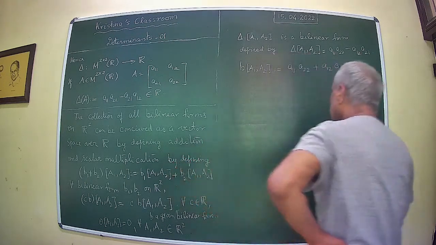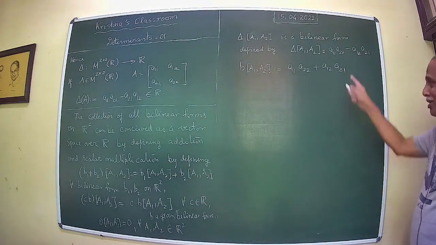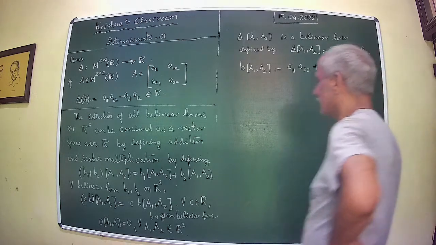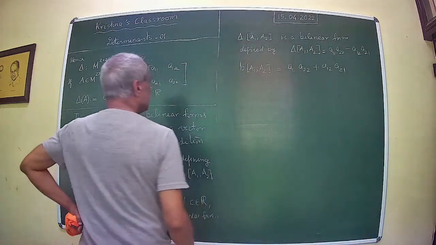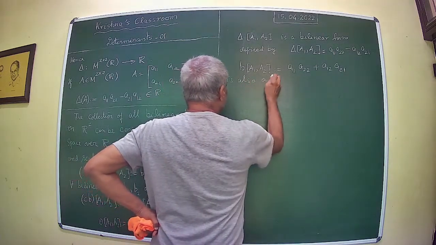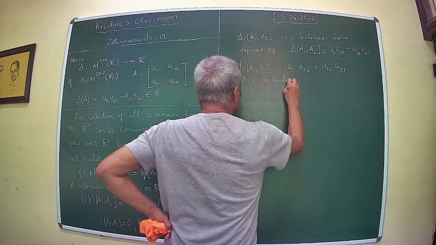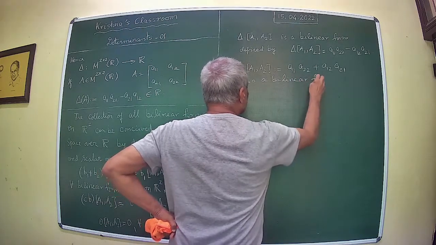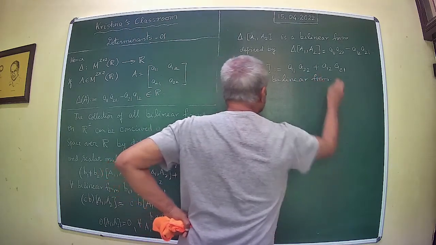This is also a bilinear form, but this is not alternating, whereas the other one is alternating. Now that's the difference.